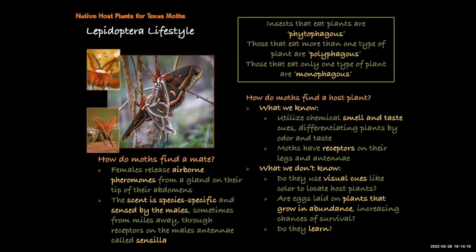What we don't know is if they use any kind of visual cues, or if they lay eggs on plants that grow in abundance so they can increase the chances of survival, or even if they learn the locations of plants and since many moths and butterflies have more than one brood throughout the year, do they learn where these plants are for the next time they're ready to lay eggs?